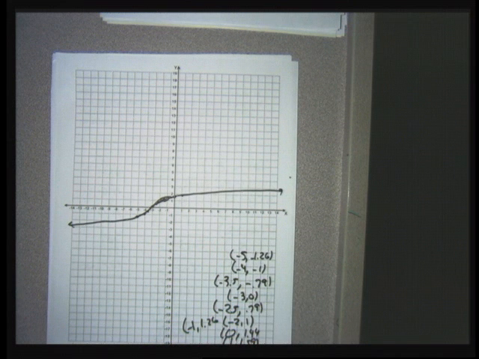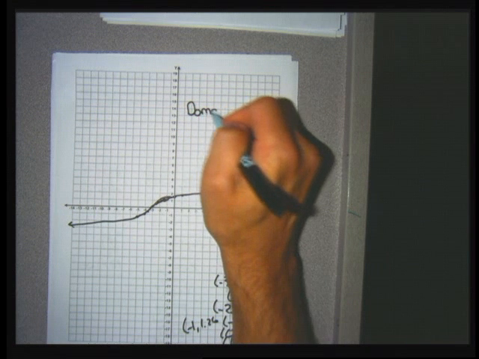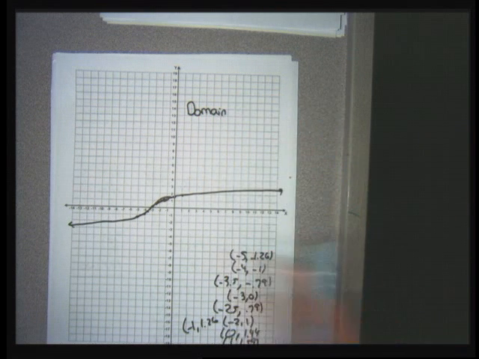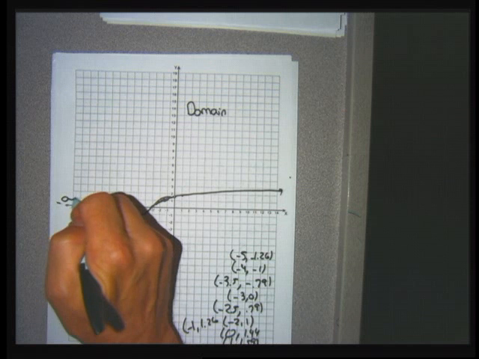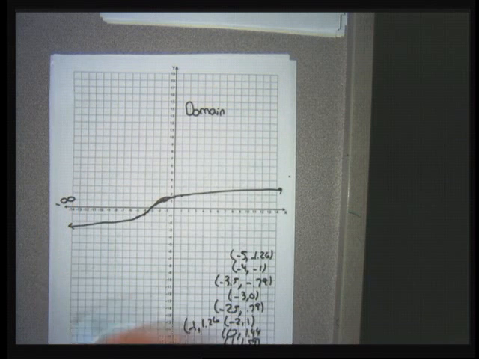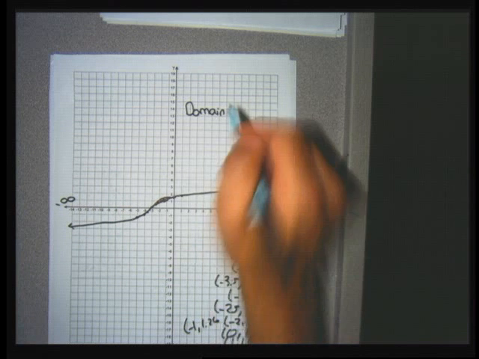And then to find the domain and the range, for the domain, I have to find the left edge of the graph. The graph doesn't have a left edge like square roots, because square roots of negative numbers aren't defined, but cube roots of negative numbers are defined. So this graph eventually works its way to the far left edge of the x-axis, and it works its way to the far right edge of the x-axis.